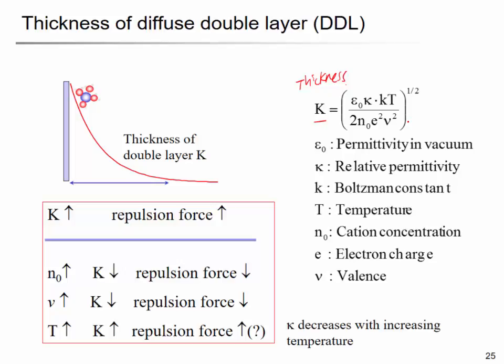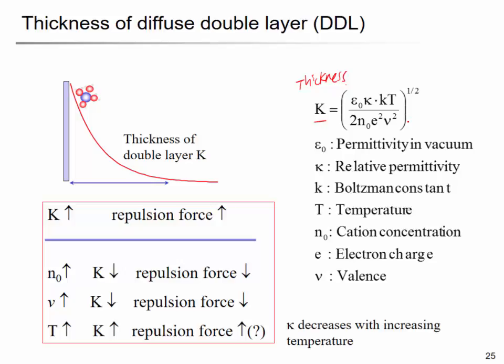Clay surfaces have static charges and you have to balance them anyway. And if the electrolyte has more cations, then with a small thickness they can compensate these negative charges. So thickness will be less than that of the DI water. In the case of DI water, you have the largest double layer thickness.